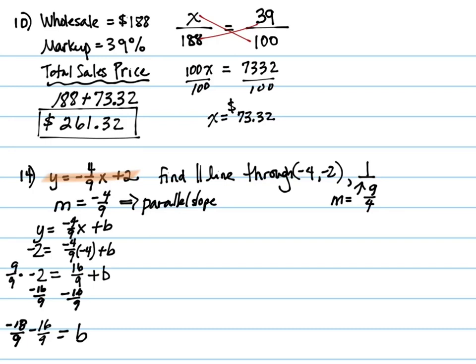Just subtraction, 18 and 16. What do you get? -34, right. So my equation, which I almost had right here, is y equals -4/9 x minus 34/9.